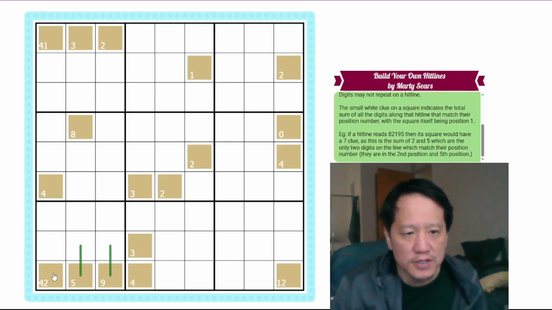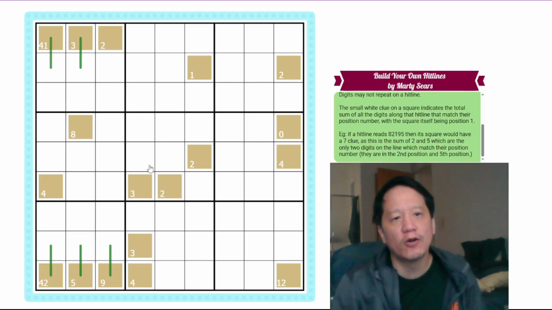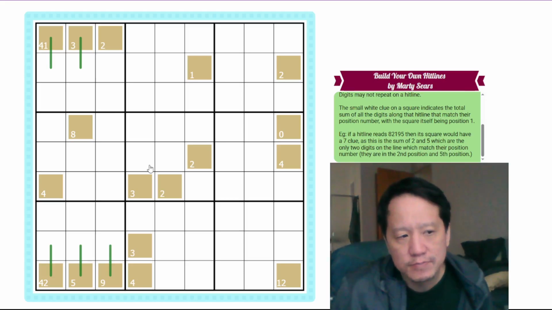That means this cell must go here. You have a similar thing here. This has to go here, so this has to go there. So each hit line is at least 2 in length.